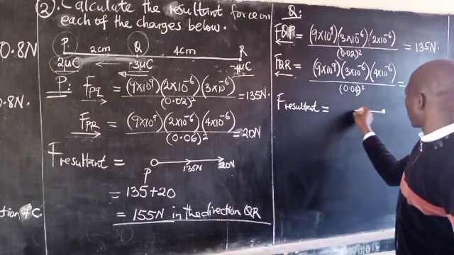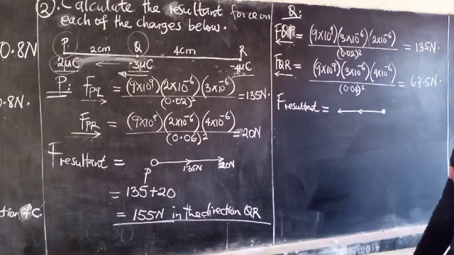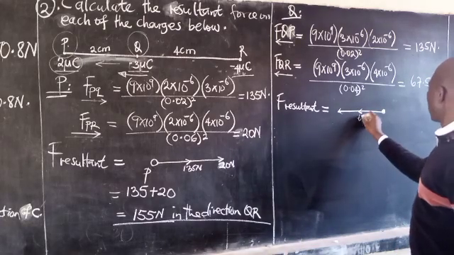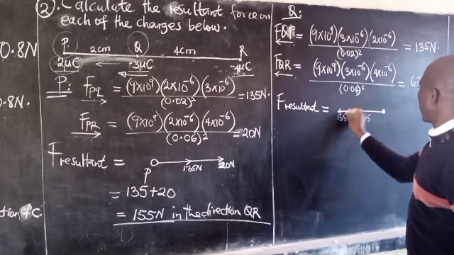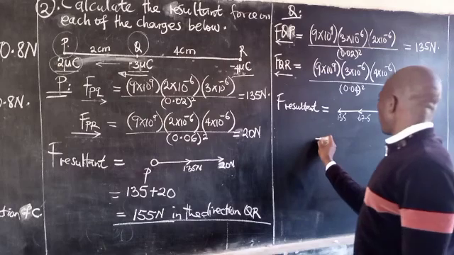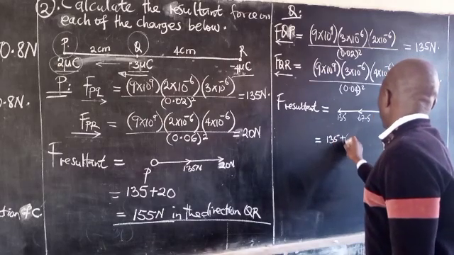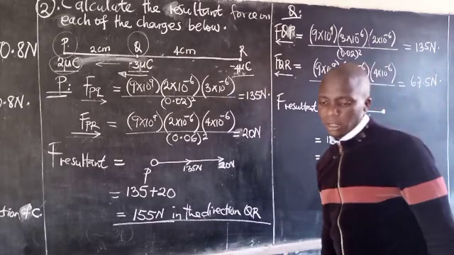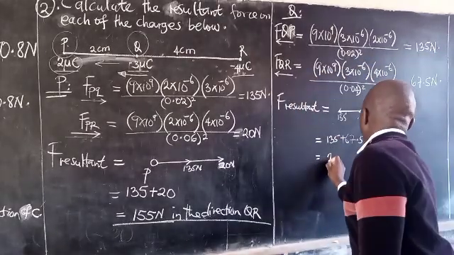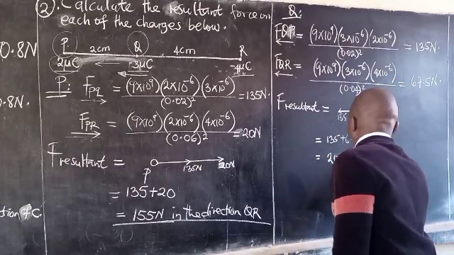It has a force, and these forces are in the same direction. One is 67.5, another one is 135. So the resultant force will be 135 plus 67.5, and the resultant force will become 202.5 newtons.